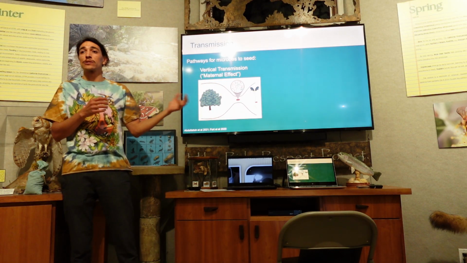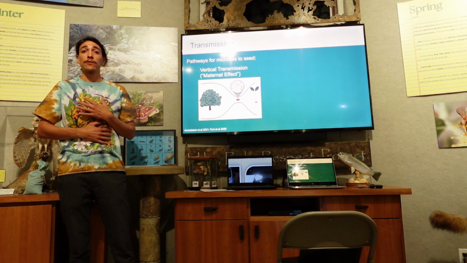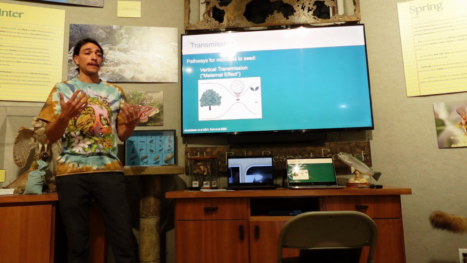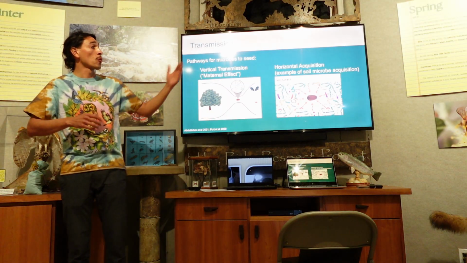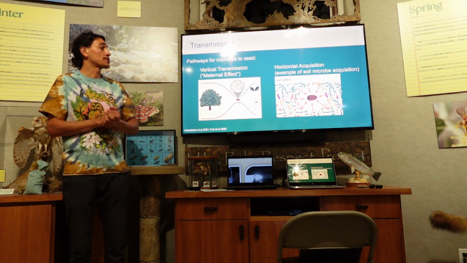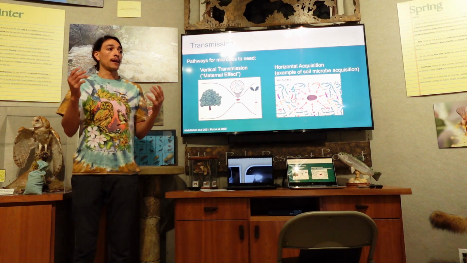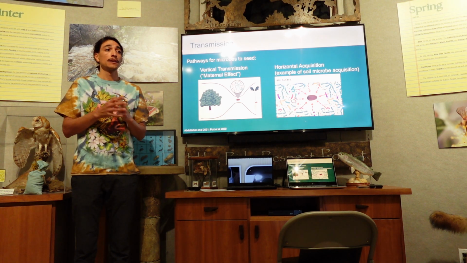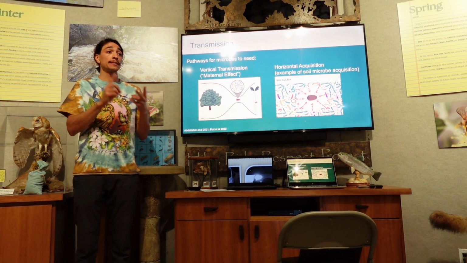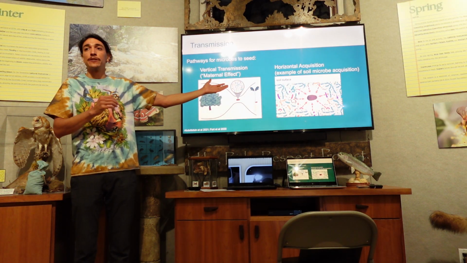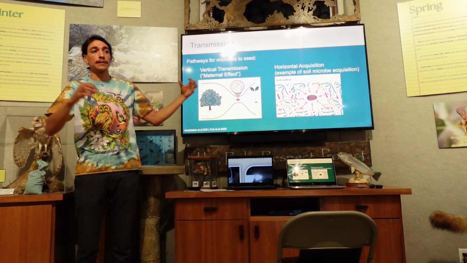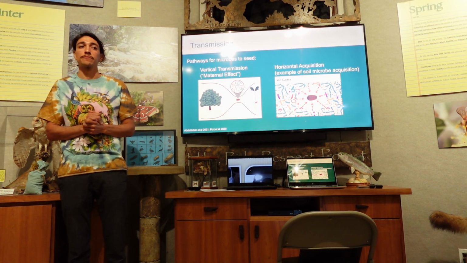And so that acorn is already born with a host of microbes that are ideally benefiting its development. The second pathway is horizontal acquisition, in which the seed uptakes microbes through external forces, either wind or insects or soil or leaf litter, as exemplified in this image here, where an acorn has fallen on the ground and is now coming into contact with all those microbes.